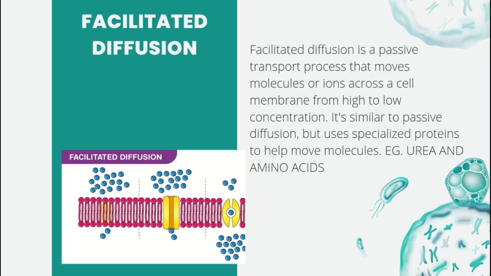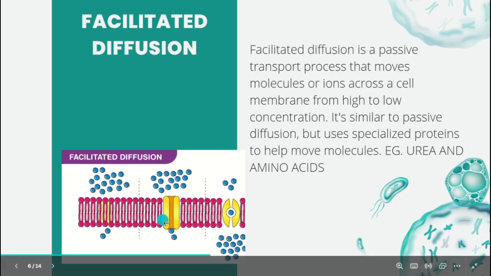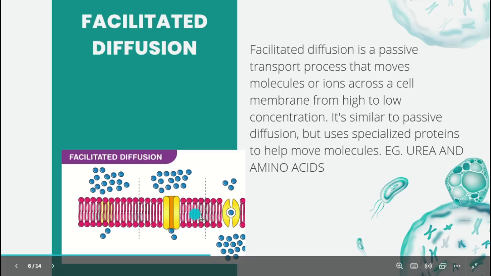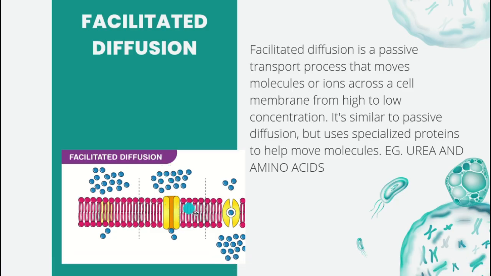What's going to happen is that we have specialized proteins in our membrane, meaning our protein channels and also our carrier proteins. They are embedded within the membrane, and they help larger molecules, polar, charged molecules, and molecules that cannot pass through the hydrophobic tails.